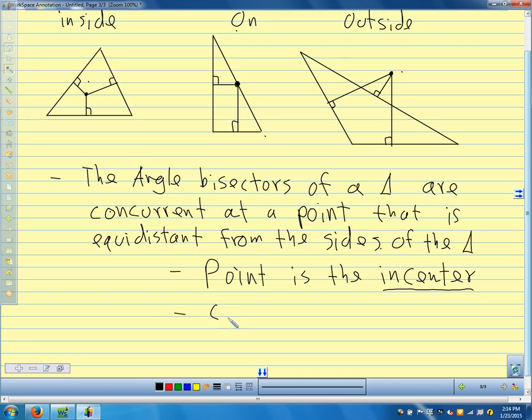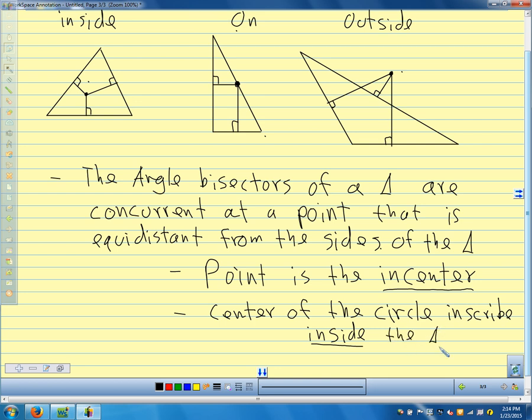And it is the center of the circle inscribed in the triangle. So instead of the circle going around the triangle and touching each vertex, it's inside the triangle and touches each side.